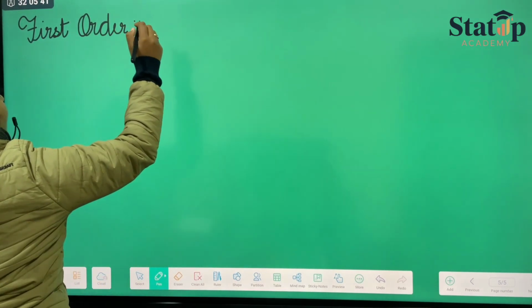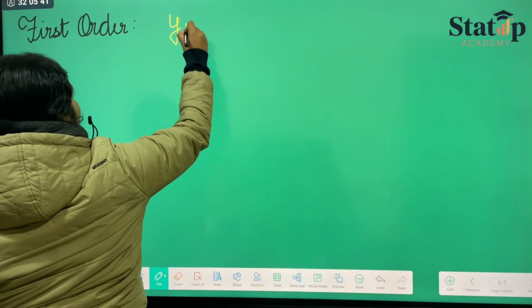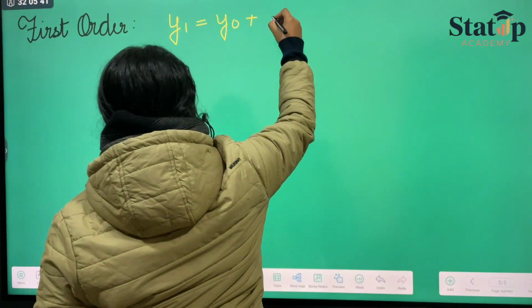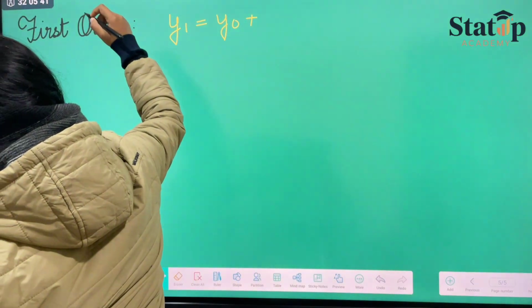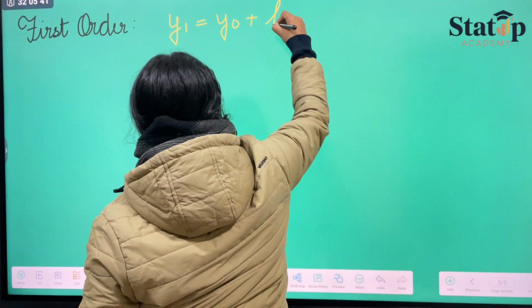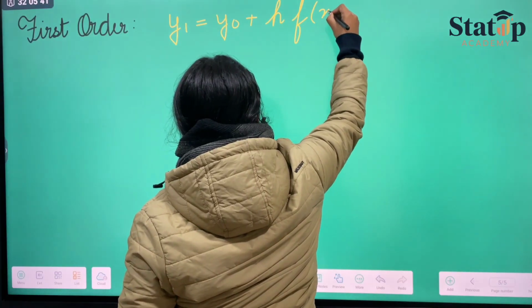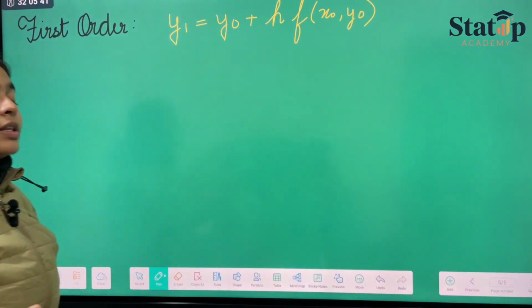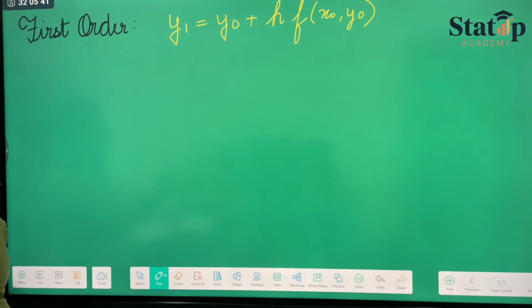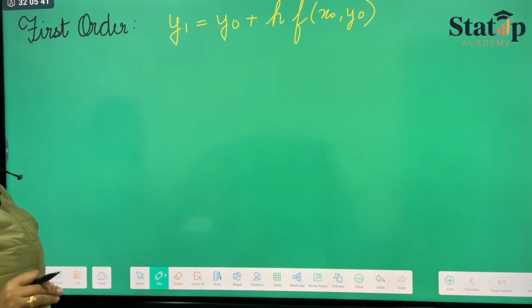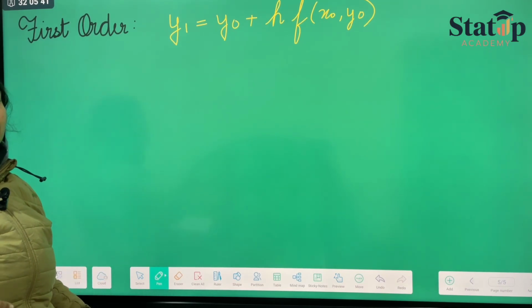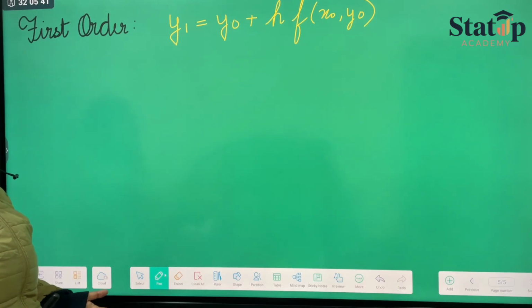For the first order, y1 is equal to y0 plus h into f of x0, y0. If you notice this, it is exactly equal to Euler's method that we did in the previous lecture. So Runge-Kutta's first order is exactly equal to Euler's method.